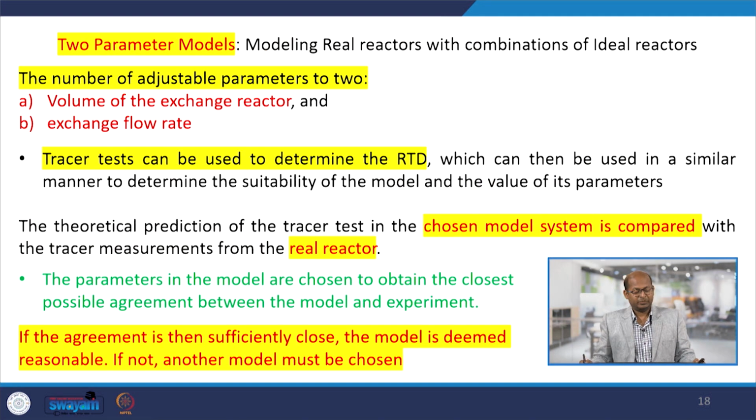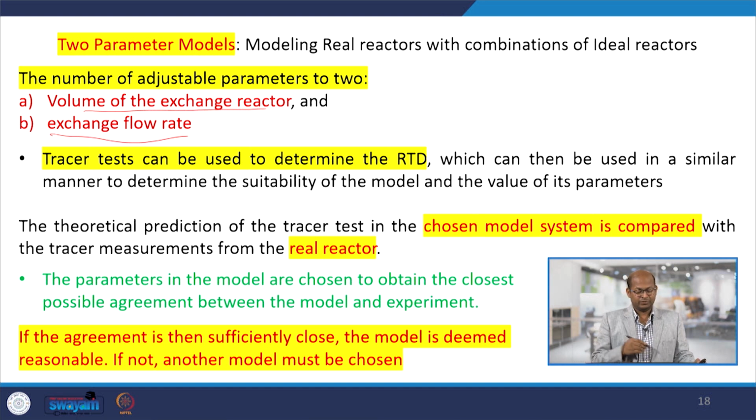So, in the two parameter or two adjustable parameter models, the parameters are the volume of the exchange reactors and the exchange flow rates, and the tracer test can be used to determine the RTD, which can be used in a similar manner to determine the suitability of the model and the values of its parameters.